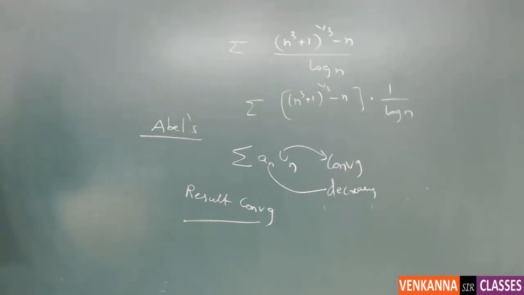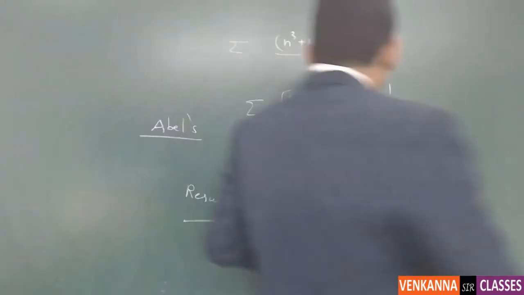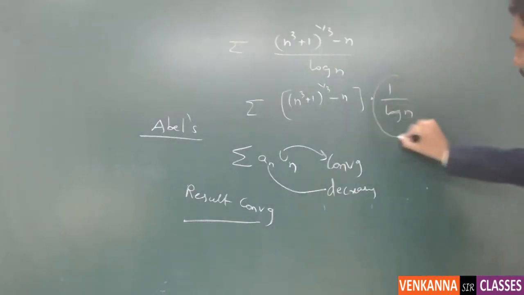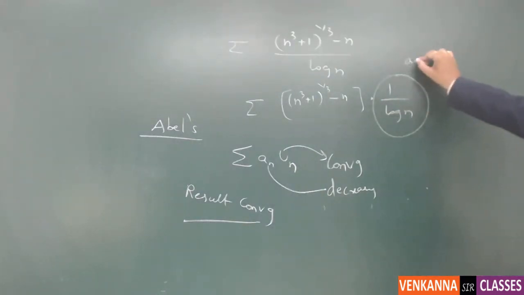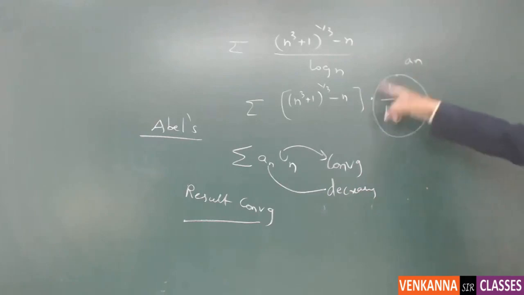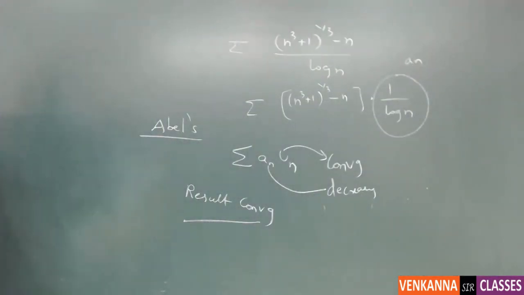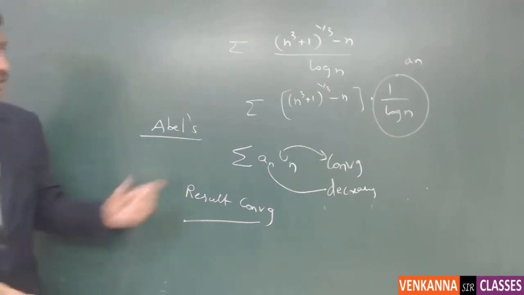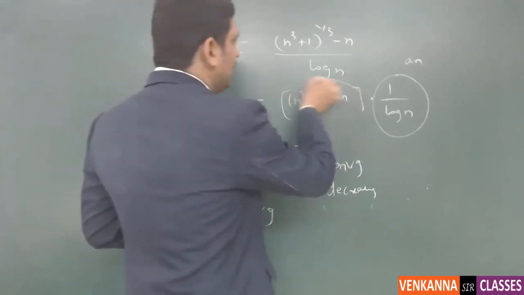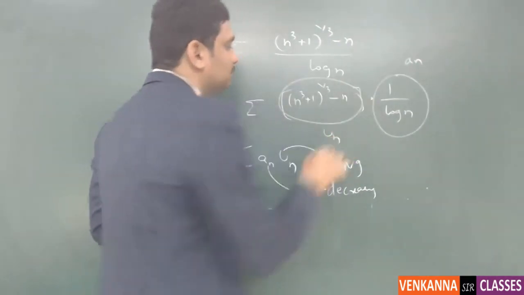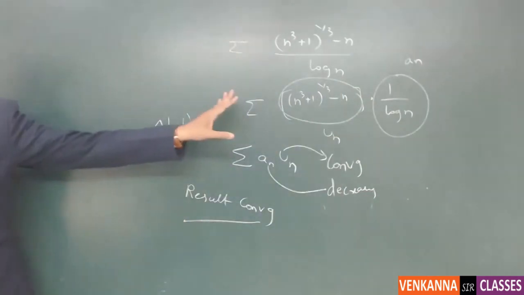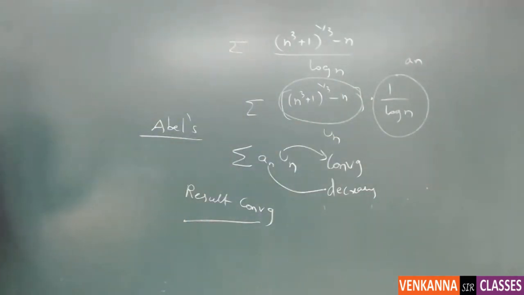So you can say this is 1 by log n, you take that this is an. Do you agree it is monotonically decreasing? Yes or no? Yeah. And if you take this is un, I need to specify that it is convergent.